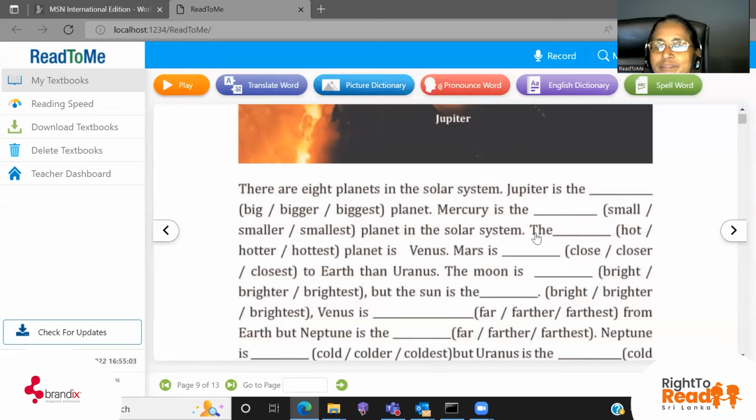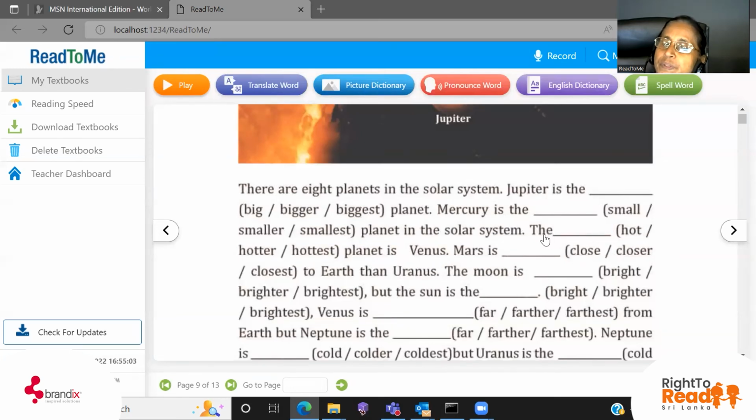Then the hottest planet is Venus. The sentence starts with the word the. Then the which planet? Yes, the superlative of the word hot.